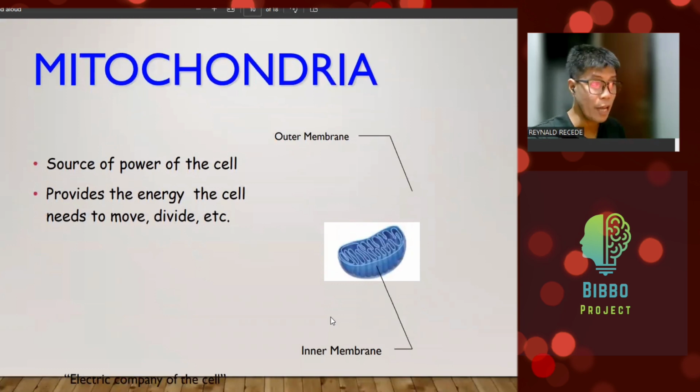Next organelle is the mitochondria. It is the source of power of the cell. Bakit? Kasi it provides the energy. The cell needs to move, divide, and carry out all the cellular processes that it needs to do to survive. In addition to that, it is the site of the process of cellular respiration, wherein the cell generates ATP, which is the energy currency of the cell.